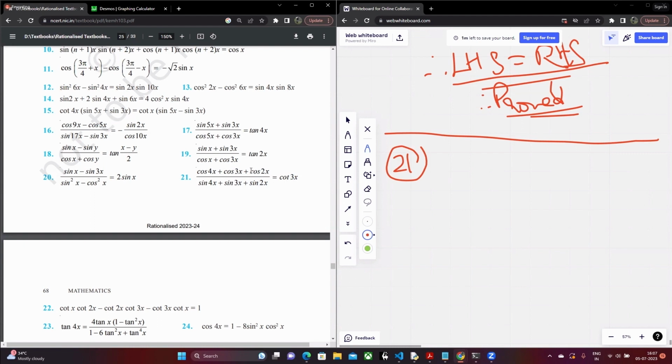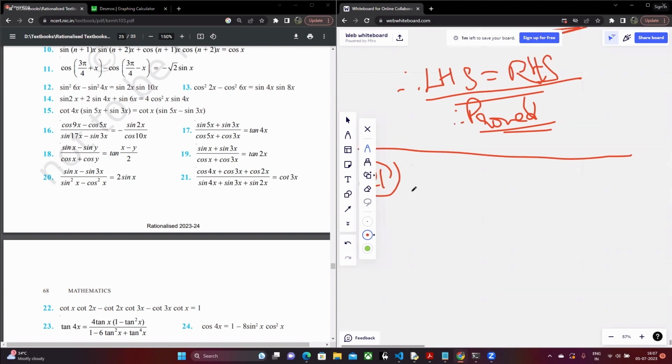So you deal with this cos and this cos, this sine and this sine, instead of dealing with the middle. Because if you do this, then you will anyway get a 3x term with which you can take common and simplify out. Right? So question number 21. I'll again deal with the left hand side because the right hand side is simple. I can't simplify it further or apply anything on it.